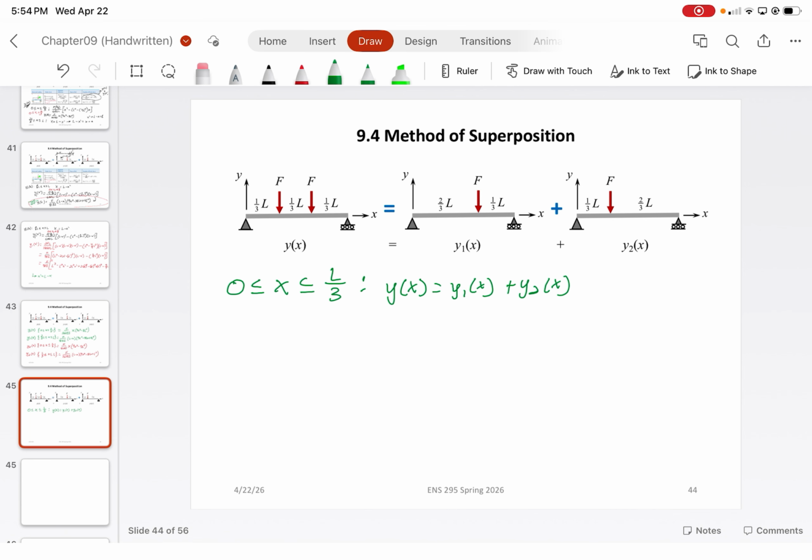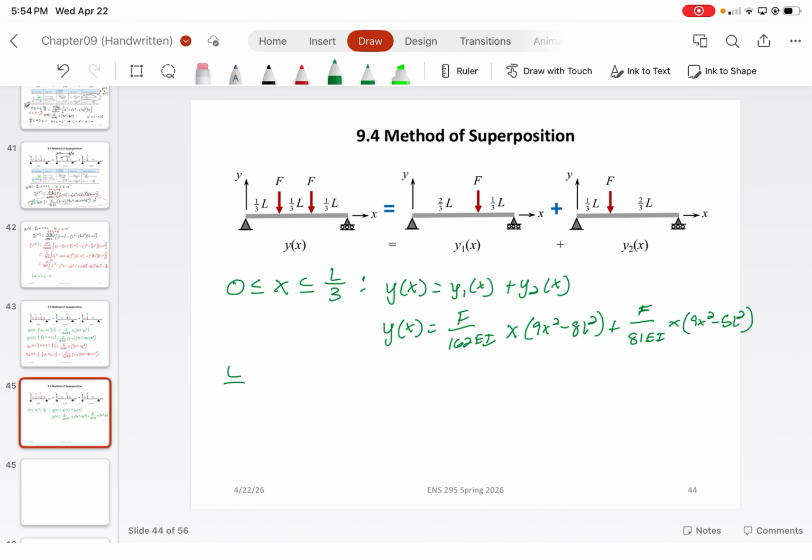Similarly, this would be y of x is equal to F over 162 EI times x times (9x squared minus 8L squared) plus F over 81 EI times x times (9x squared minus 5L squared).